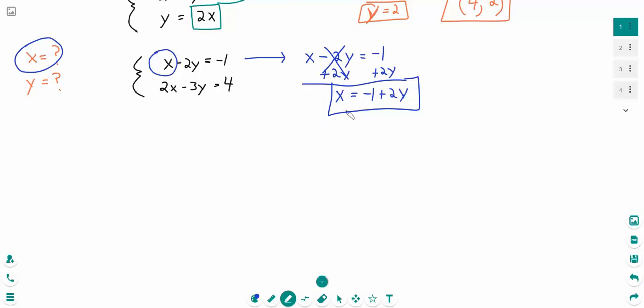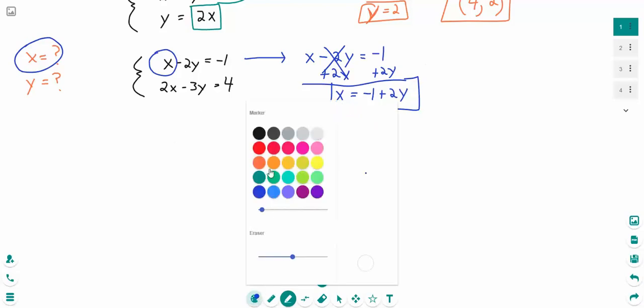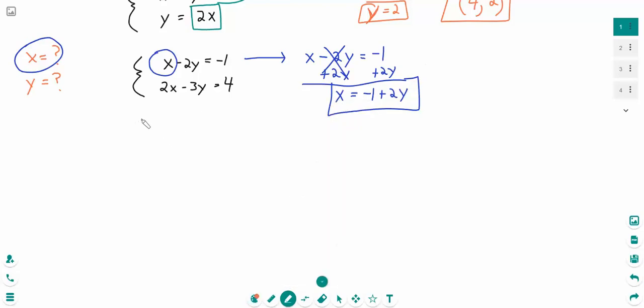So I can then, maybe, let's see here, maybe we'll just rewrite these two. So the first equation, all I've done is rearranged it so that I get it into this form. So I'll just rewrite it in that form. x is equal to negative 1 plus 2y. And then I still have my second equation that I haven't touched.